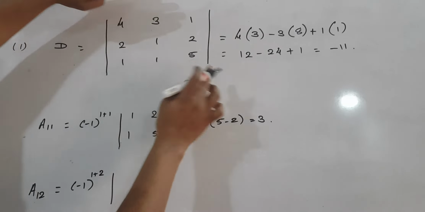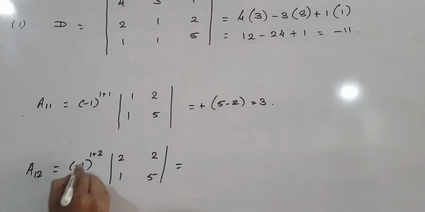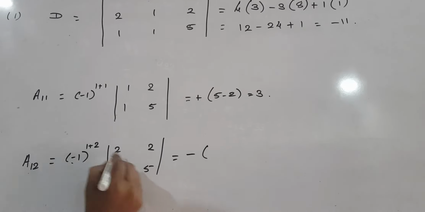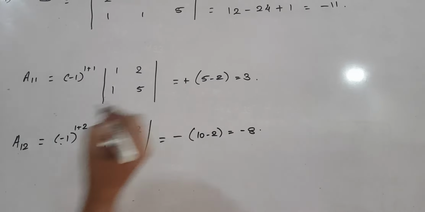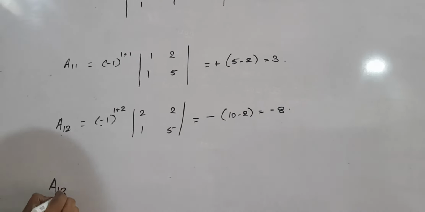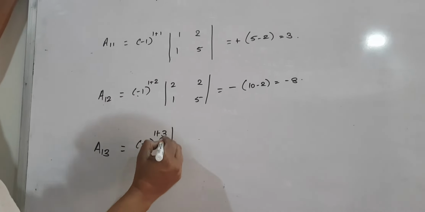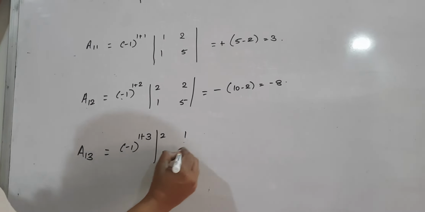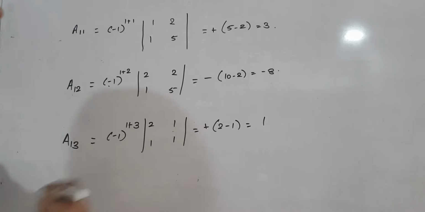So 2, 2, 1, 5. So this is minus 1 raised to 3, is minus, 10 minus 2. This becomes minus 8. A13: minus 1 raised to 1 plus 3, determinant of 2, 1, 1, 1. So this is plus, 2 minus 1 is 1.